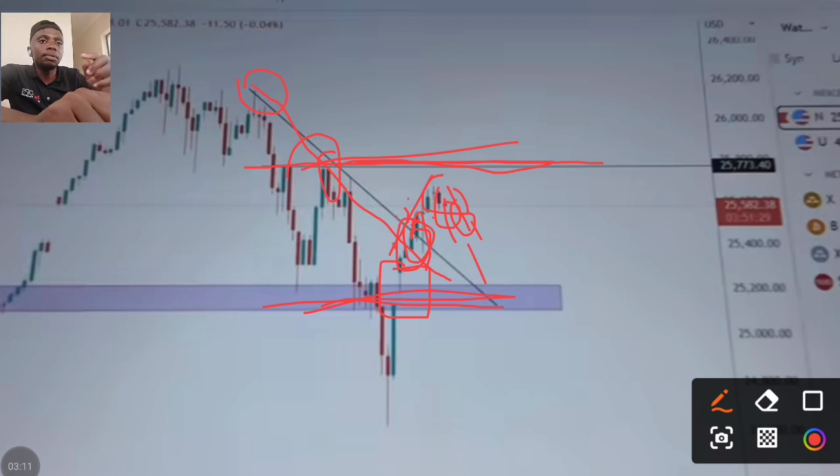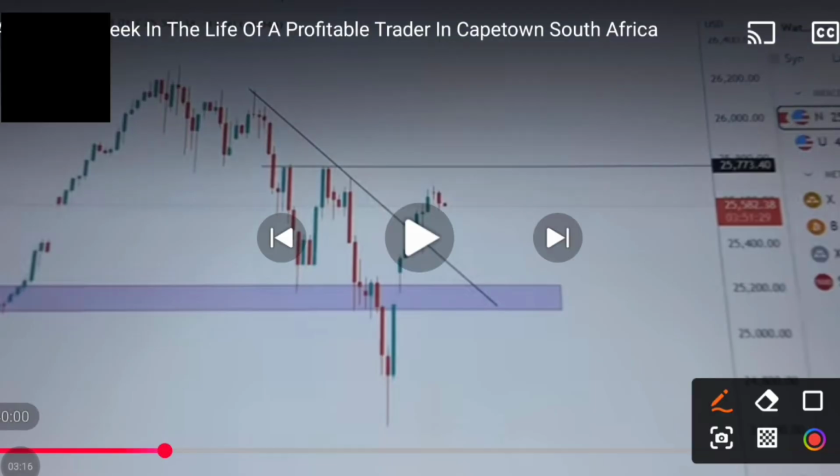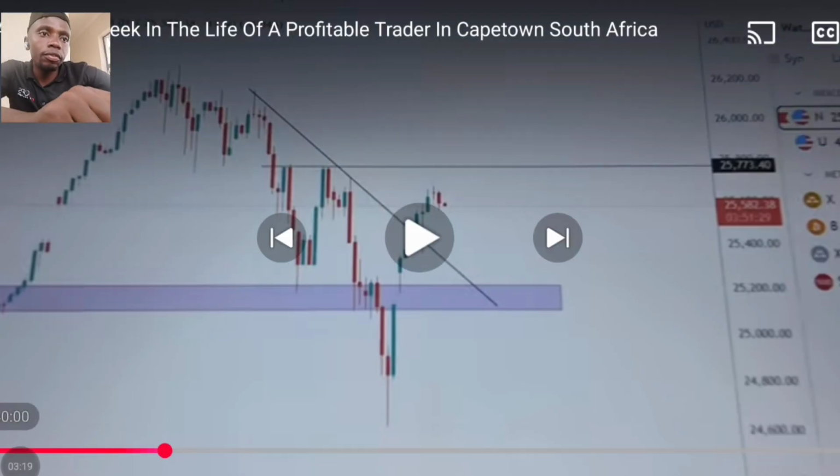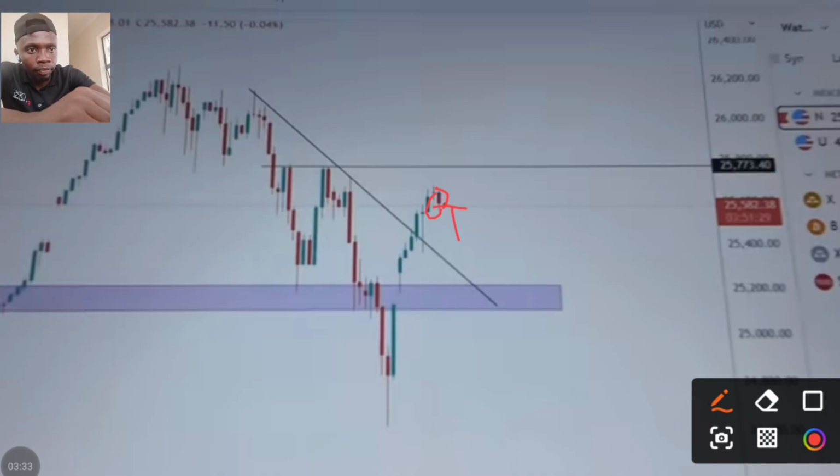If it was me, let me clear this. If it was me, I would sell immediately after this candle I formed here, and then on this new current candle, that's why I'm going to enter my sell to this level, until we close this gap.